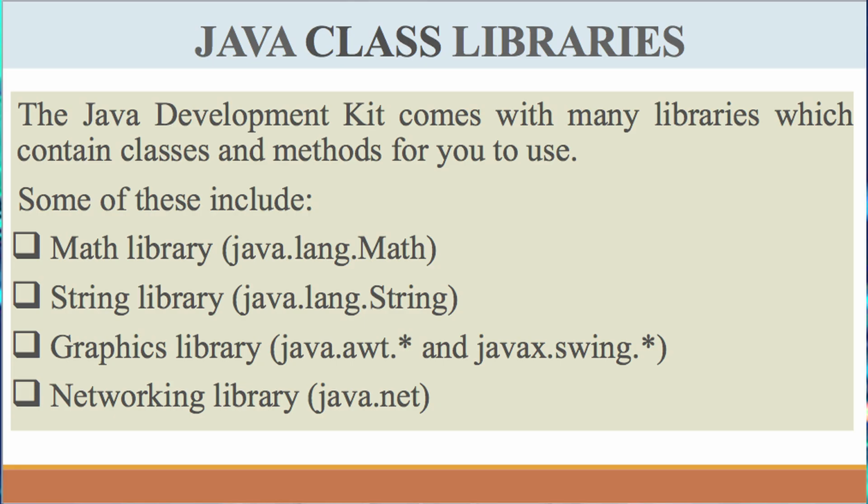The Java Development Kit comes with many libraries which contain classes and methods for you to use. So this is the Java class library, and we use these class libraries in our program. Java provides a rich set of libraries.